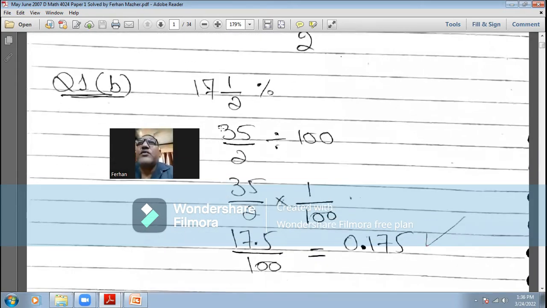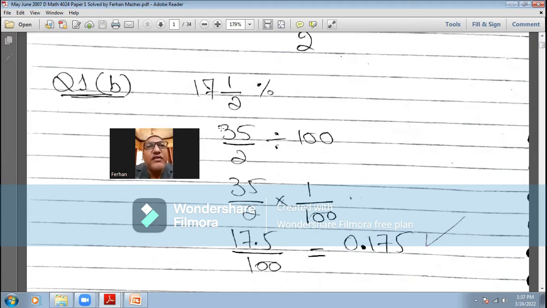So 17 whole 1 by 2 means 35 by 2, and percent means divided by 100. When you convert that divide sign into multiply sign, it will become 1 by 100. So it's 35 by 2 multiplied by 1 by 100. 35 by 2 is 17.5.